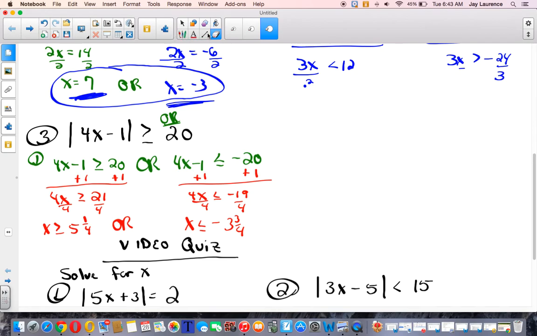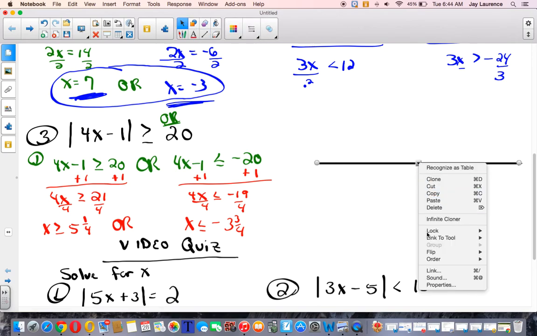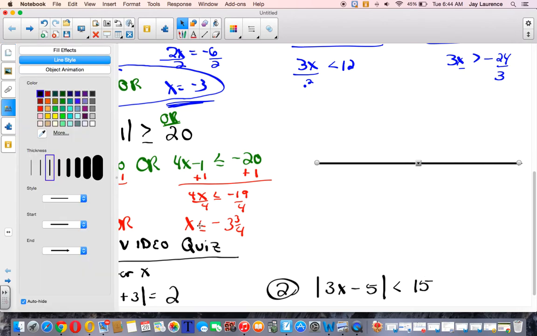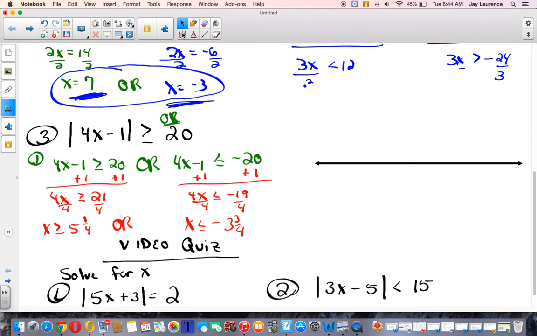So my number line will look something like this. A pretty little line. All right.